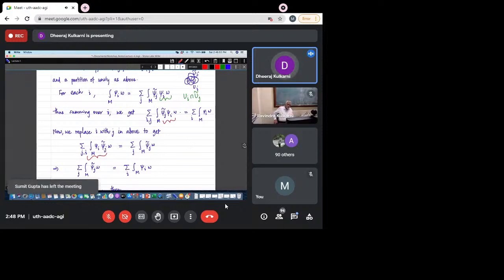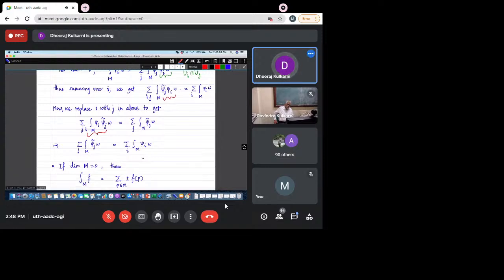So it says that the two integrals defined with the help of two different covers and partitions of unity give you the same number in the end. Therefore, the notion of integration that we have defined is independent of the choices that we made.